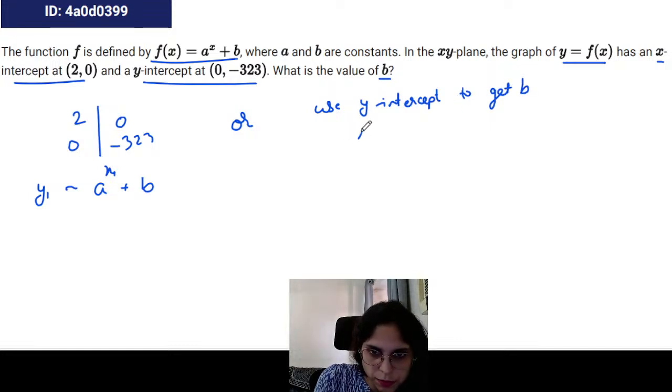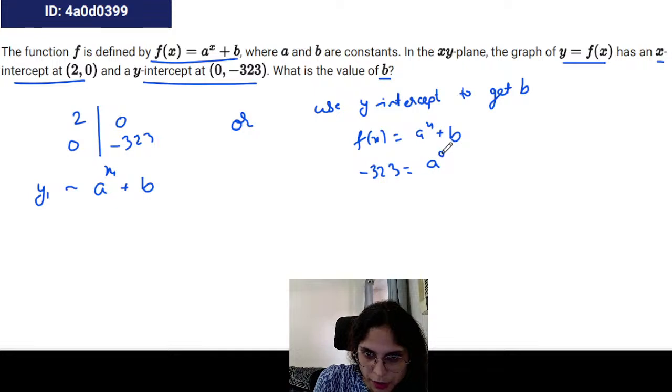So f of x is equal to a to the power x plus b, negative 323 equals a to the power 0 plus b. This is going to be 1. Negative 323 equals 1 plus b. You subtract 1, you get b is equal to negative 324.